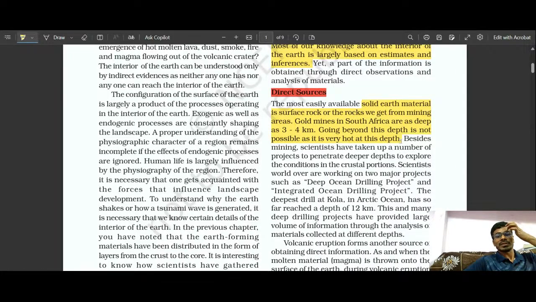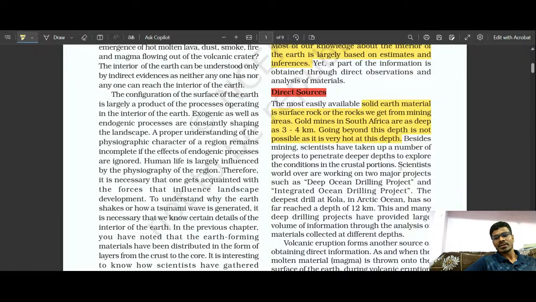At every 32 meters inside the earth, we get a 1 degree Celsius rise in temperature, so it is not easy to dig so deep. Besides mining, scientists have taken a number of projects to penetrate depth and explore the conditions in the crust portions.